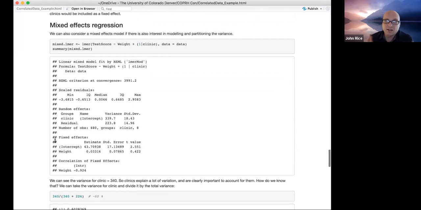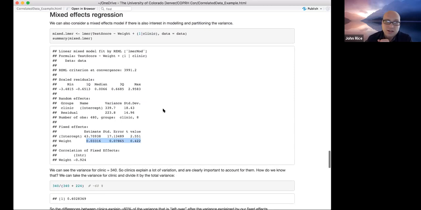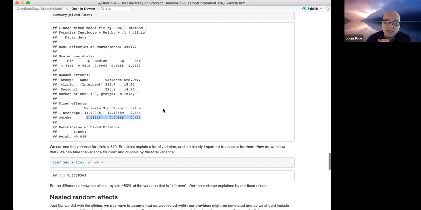And then finally, the mixed effects model that we would like to emphasize here is specified by this additional random intercept component. And now we see that we no longer have a significant effect of weight on test score. Now this is more in line with our original hypothesis.